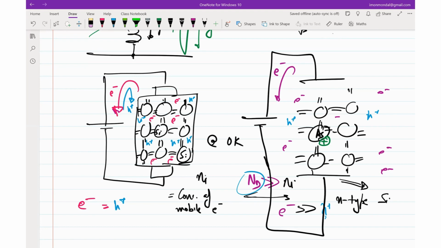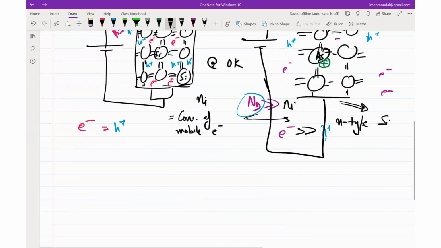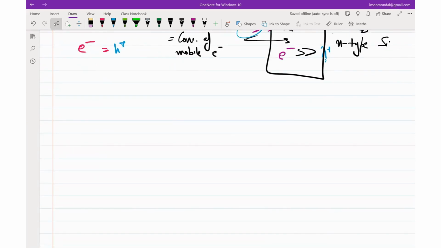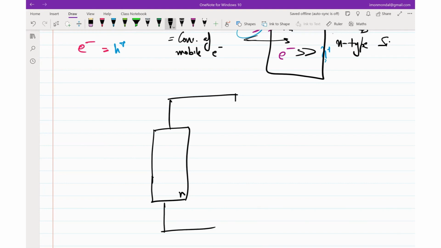Okay, fine. So why is this helpful in our case? It is helpful because now see what's going to happen. Let's say I take this piece of silicon and use it in the same method that we were trying to use. So let's say I take this piece of N-type silicon. Initially, let's say I don't apply any voltage.